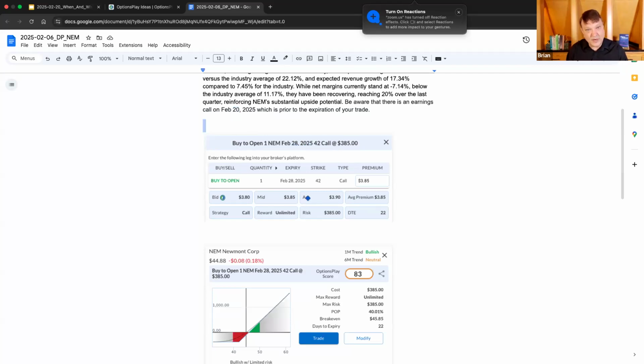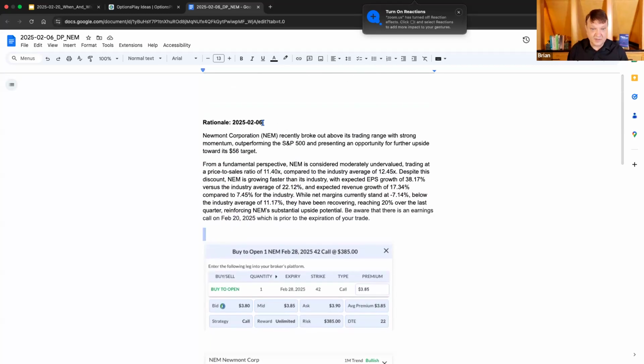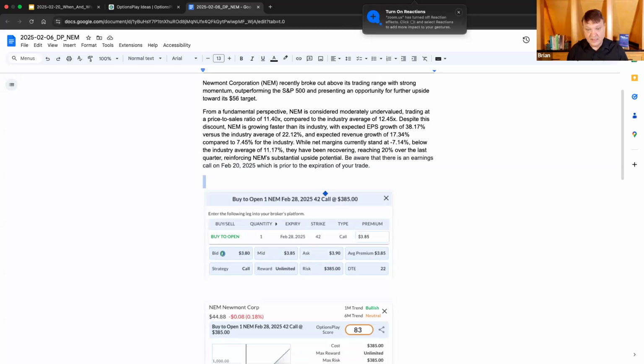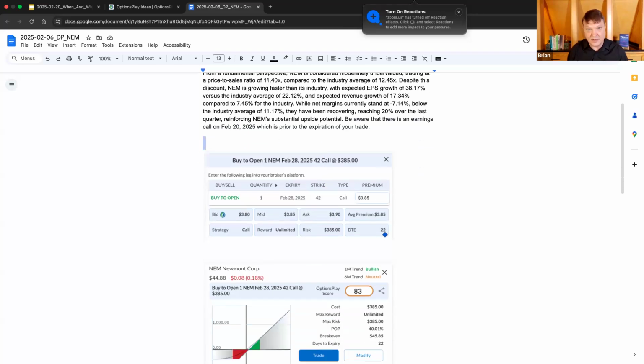Should I buy an expiration that expires before the earnings, or after the earnings? In this instance, it was on the 6th, so you had 14 days before that earnings event, and the entire life of the option contract was 22 days long. Obviously, I think that you should buy one that expires afterwards, and here's the reason why.